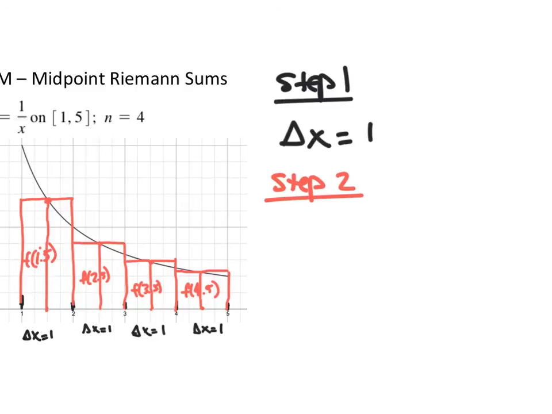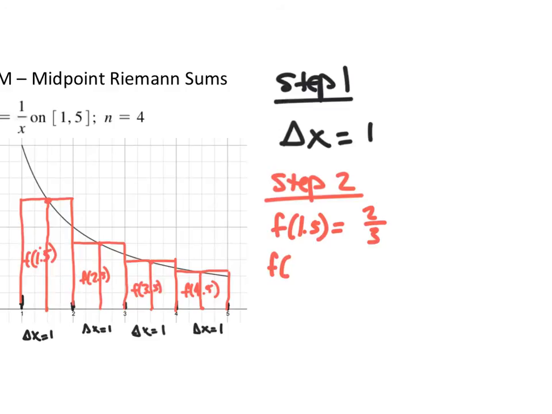So we can figure out that, and these are just the reciprocals of our fractions, you can plug these into your calculator, it doesn't really matter, f of 1.5 is going to be 2/3.